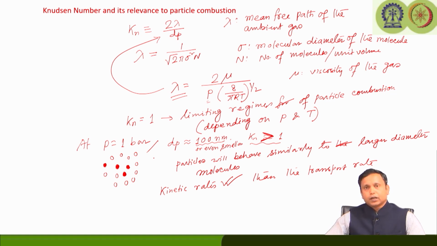If the particles are too small, let us say 100 nanometer or even smaller, the particle diameter will be almost close to the larger diameter of the molecules of the ambient gas. In that case the kinetic rate will be more important compared to the transport rate, and this analysis is going to be pertinent there. So, I think we can read more about this in order to understand further. However, we can close our discussion on the combustion regimes of metal particles.